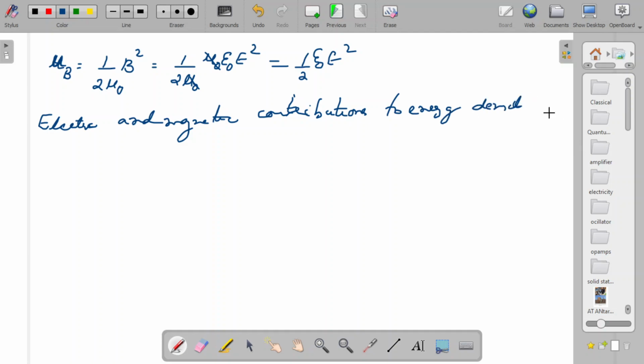Energy density in an electromagnetic field are equal. Both of them contribute equally to the electromagnetic field.